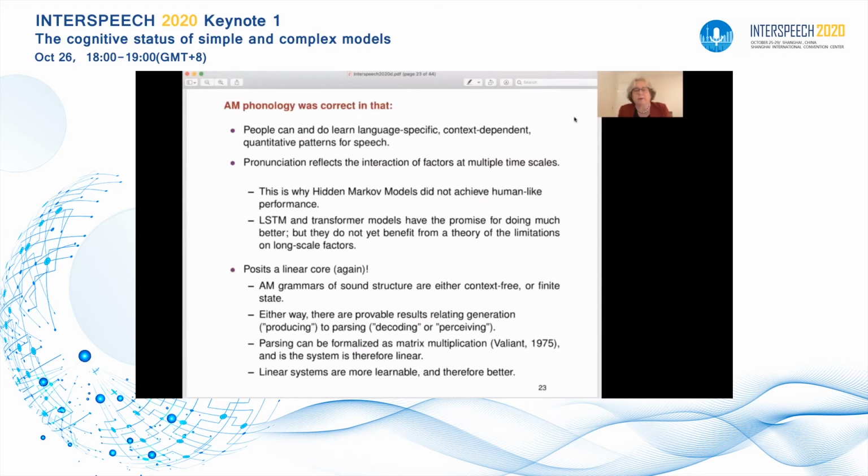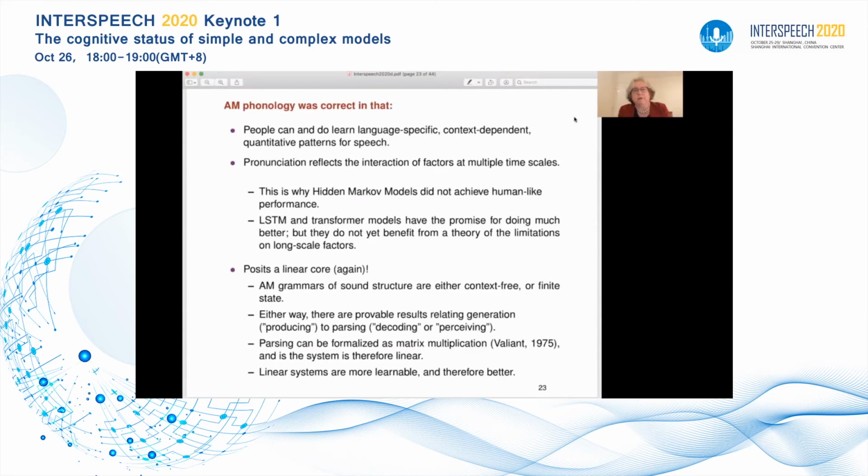Now, there are some recent advances in deep learning that do allow variable timescale dependencies. LSTMs and transformer models do, and they do have the promise for doing much better. But so far, I don't see that they're yet benefiting from the theory of the limitations on the long scale factors. That is what's known about what can and can't occur.